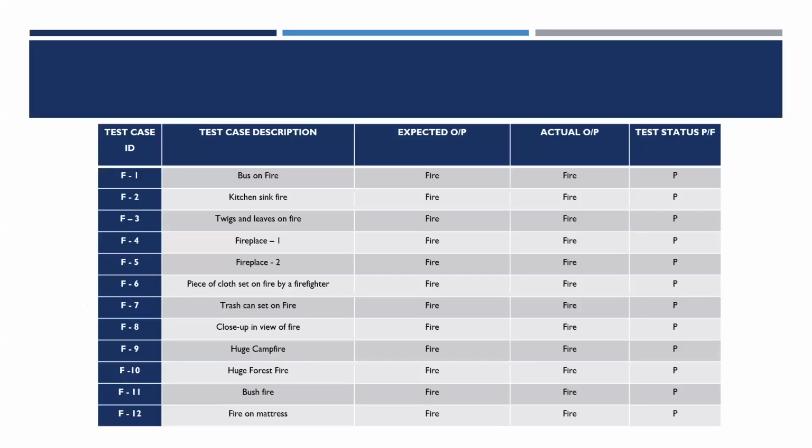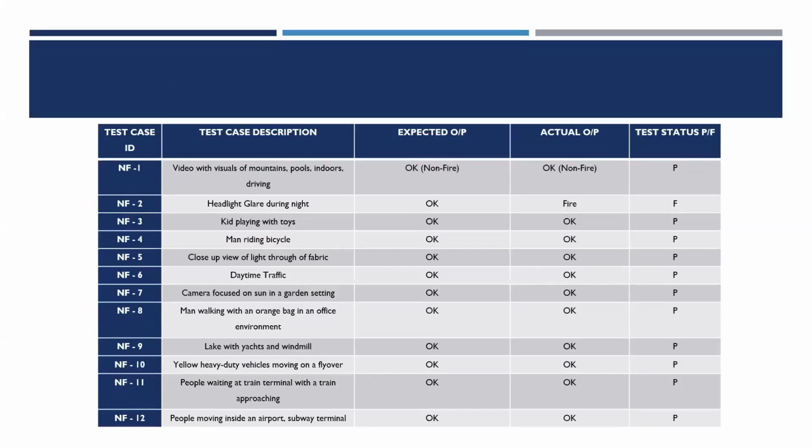The only issue we faced was in non-fire, where it misclassified one video, a headlight during the night time, because it has similar features to fire. So it was tested on a total of 12 fire videos and 12 non-fire videos, and it misclassified one non-fire video and correctly classified all fire videos, over various environments like kitchen, outdoors, indoors, every environment.